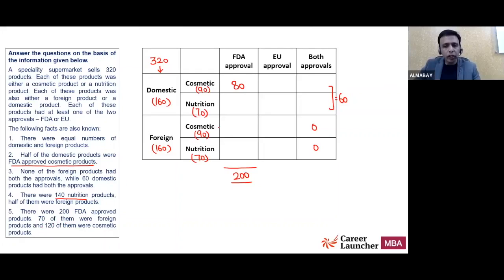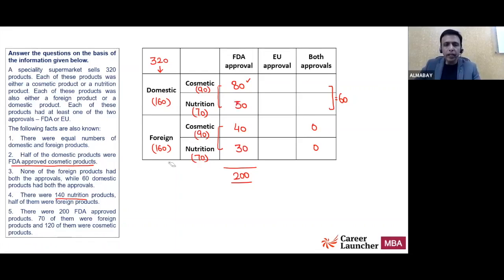So यहाँ पे total 70 है, मतलब यहाँ total 130 है. अब ये अगर total 130 है तो बेटे ये 80 है, that means this has to be 50. And 120 of them are cosmetic. अब बेटे ये already 80 था, that means the rest 40 cosmetic होंगे, वो foreign products होंगे, और total 70 था, इसलिए this would be 30.